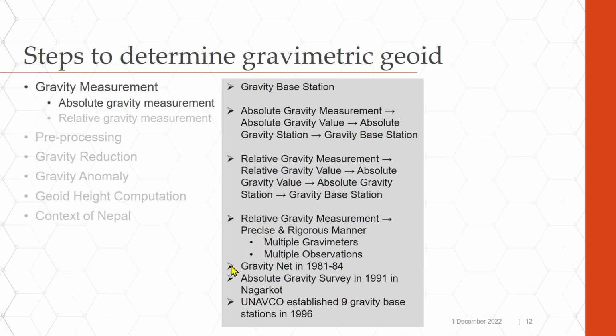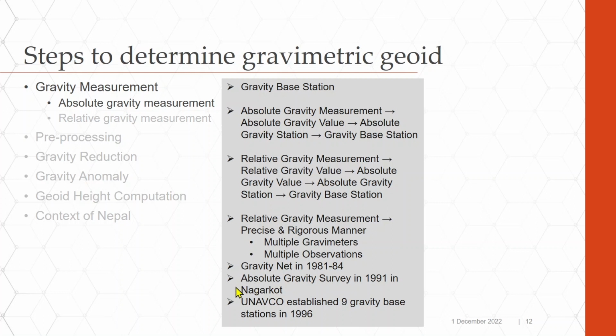In case of Nepal, there was a gravity network established in 1981-84. Both gravity base stations and detailed gravity stations were established during that period, and it was by relative gravity survey. In 1991, at Nagarkot Geodesy Observatory, an absolute gravity survey was carried out.